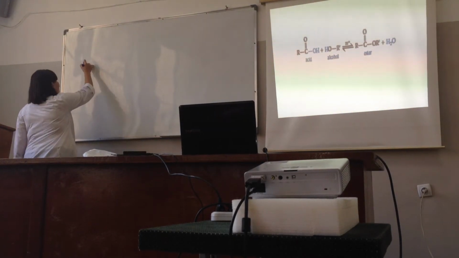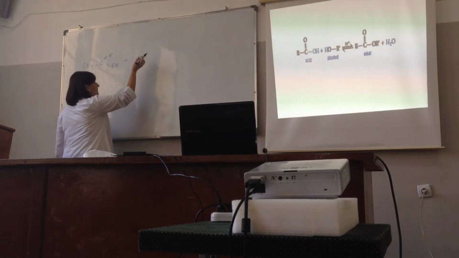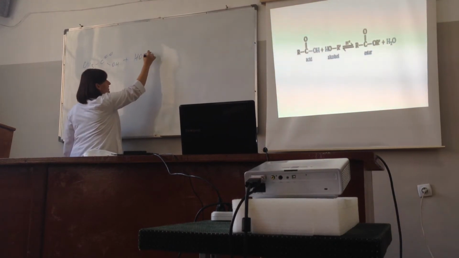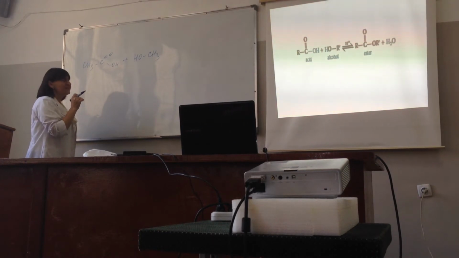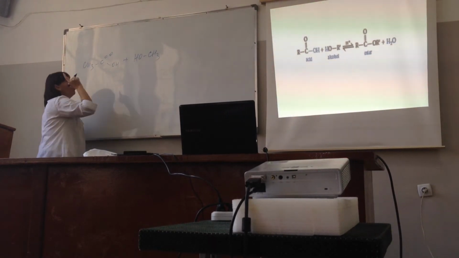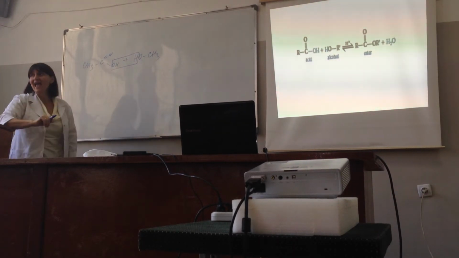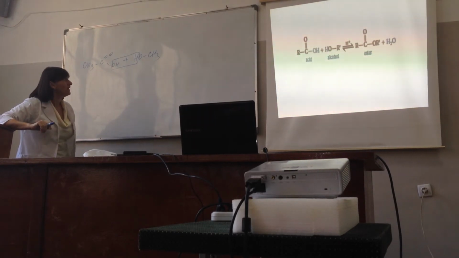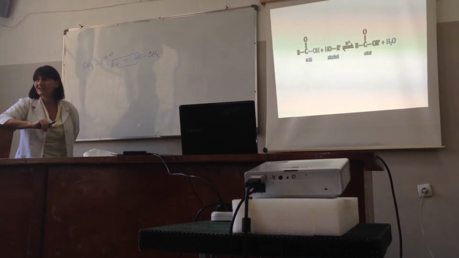Now, if you have, for example, acetic acid and some alcohol, for example methanol, esterification means that the OH group of the carboxylic acid and the H from the hydroxyl functional group of the alcohol give a water molecule, and the second organic product is always an ester.